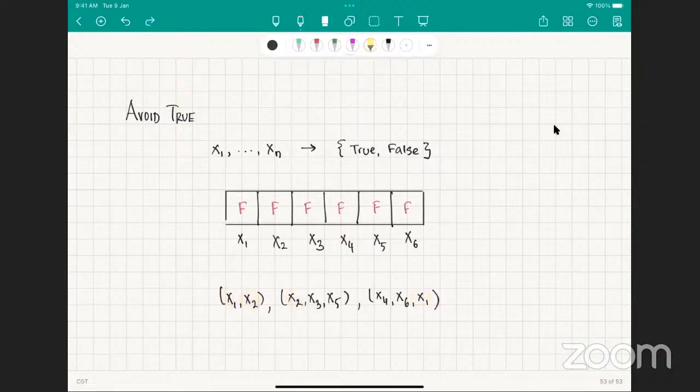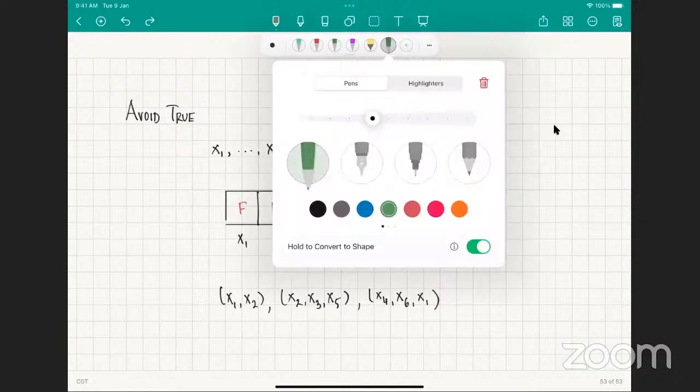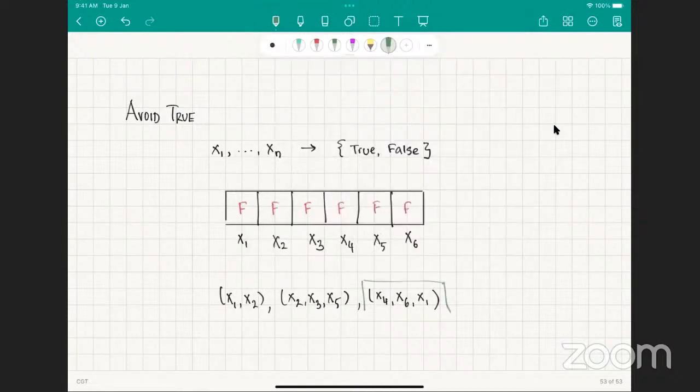So avoid true is to say that we don't want this formula to evaluate to true. So when does this formula evaluate to true? Well, an individual set here is going to be true if at least one of these variables is true.